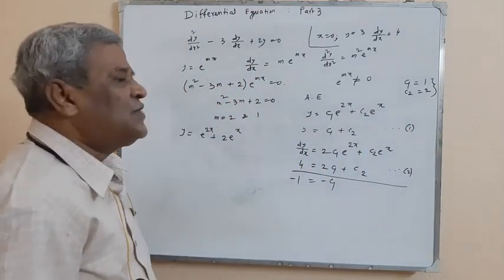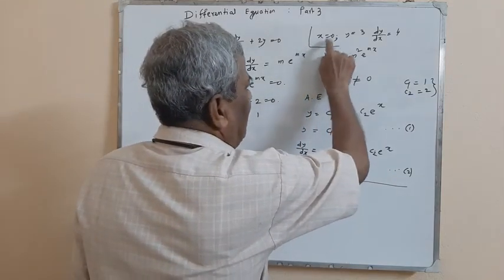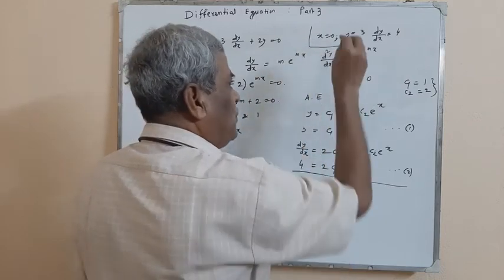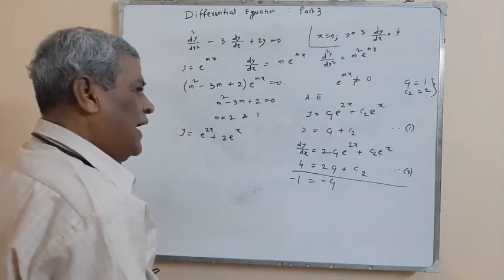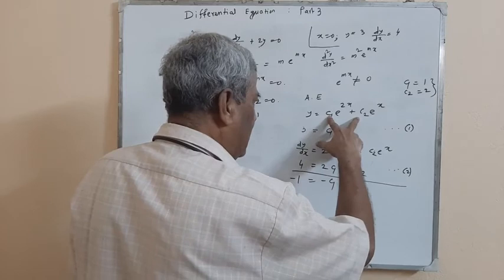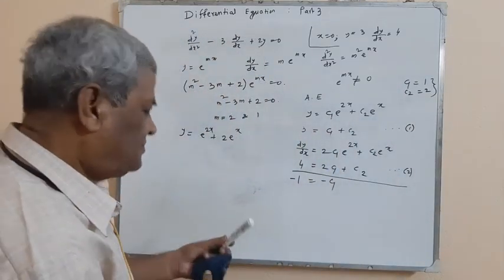If initial conditions are given, then putting the given values of x, y, dy dx, we obtain particular values of c1 and c2, and putting these particular values over there, we get the solution.